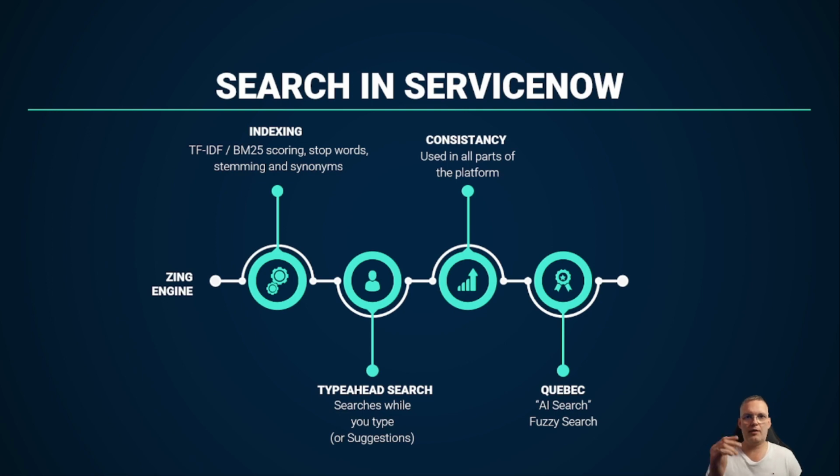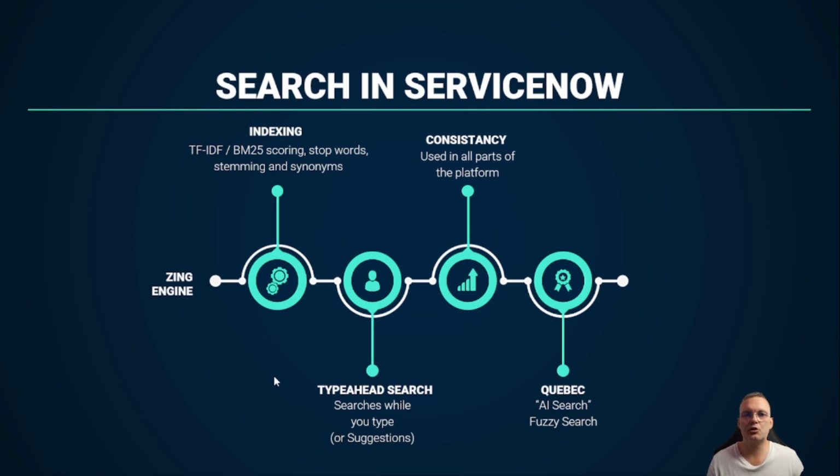And it looked through things with glide records and very crude searches. It also had the same scoring system that I just talked about, and it used stop words, stemming, and synonyms for their index tables, which is great. So that worked back then, even though it was slow, and it works still.